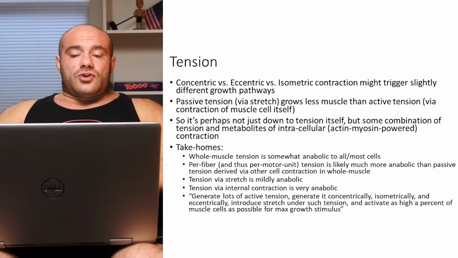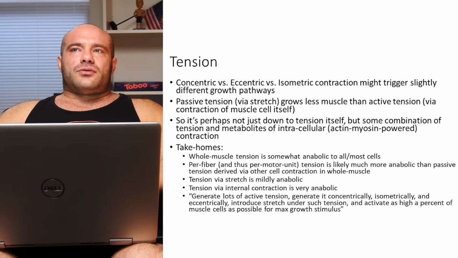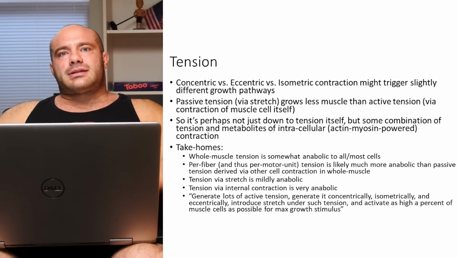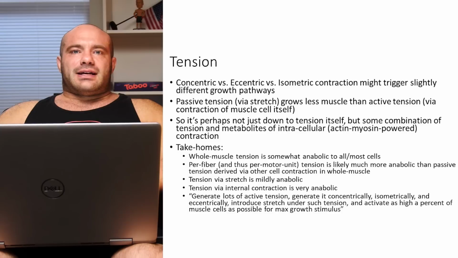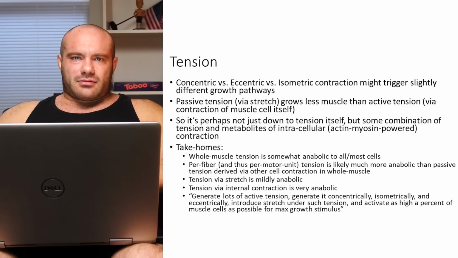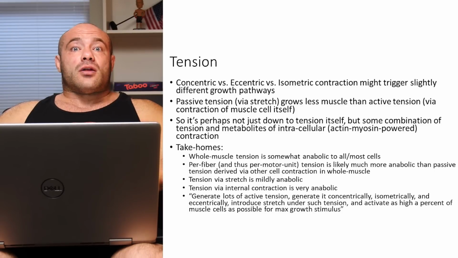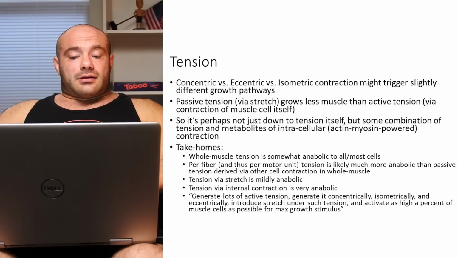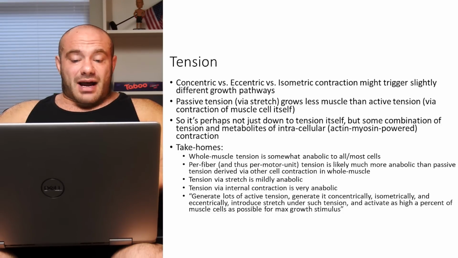So when you want maximum muscle growth, you'd probably want to at some point involve the activation and internal tension generation, which is mostly the same thing, of all of the cells that you're targeting, because you want all muscle cells to grow, right? Now, tension via stretch is mildly anabolic.